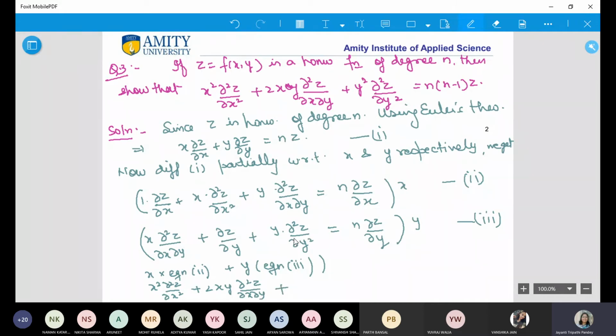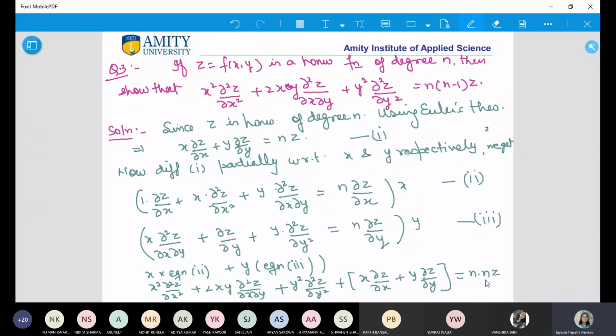Then I'll get y² ∂²z/∂y², plus x ∂z/∂x plus y ∂z/∂y, and the right hand side I'll get n into nz.